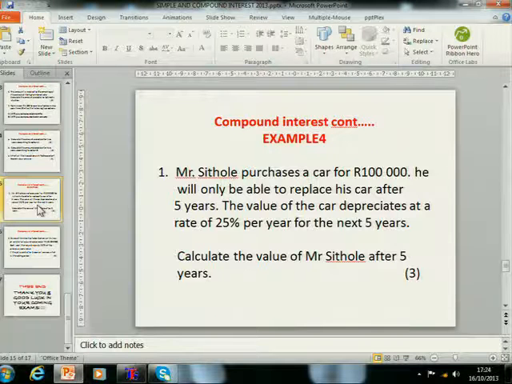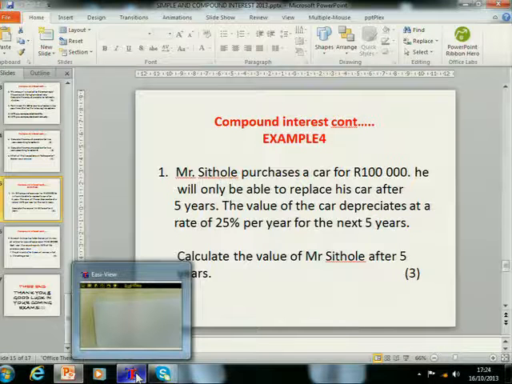They say Mr. Sitole purchased a car for 100,000. He will only be able to replace his car after 5 years. The value of the car depreciates at a rate of 25% per year for the next 5 years. Calculate the value of Mr. Sitole's car after 5 years. Let's quickly do that. Let's see what we have first.